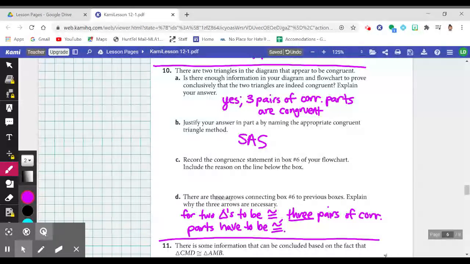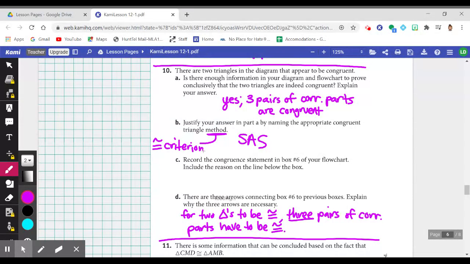And which of the congruence criterion, or they use the term method, they're talking about the congruence criterion or shortcuts, as I refer to them. That's side angle side, because we had two pairs of sides and a pair of angles congruent. And then on statement D, they ask, there are three arrows connecting box number 6 to previous boxes. Explain why the three arrows are necessary.